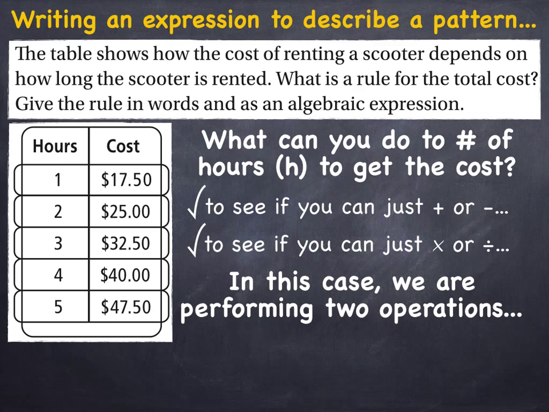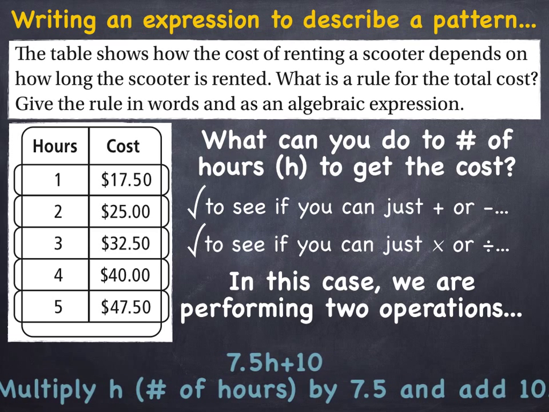If you look at this, you can find a pattern going down the cost. Every time you increase by an hour, you're going to add $7.50. So for each hour that you rent, what are we renting? I'm sorry, the scooter, right? You're going to increase by $7.50. So 7.5 or $7.50 times the number of hours that you have the scooter, but then you're also going to need to add 10 to that.